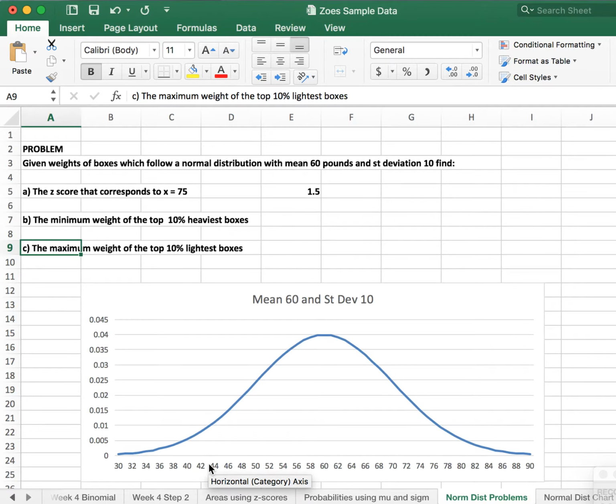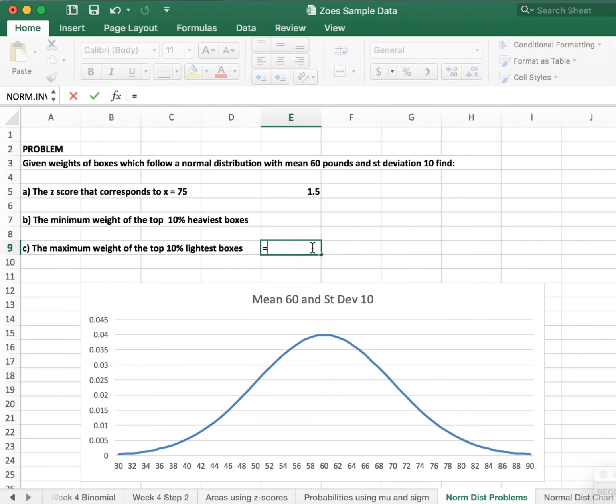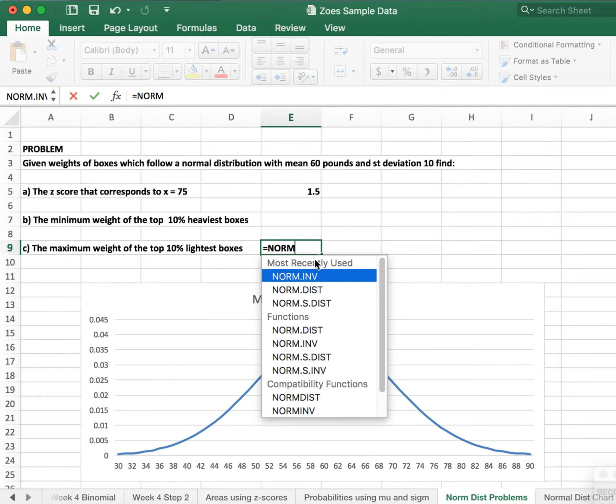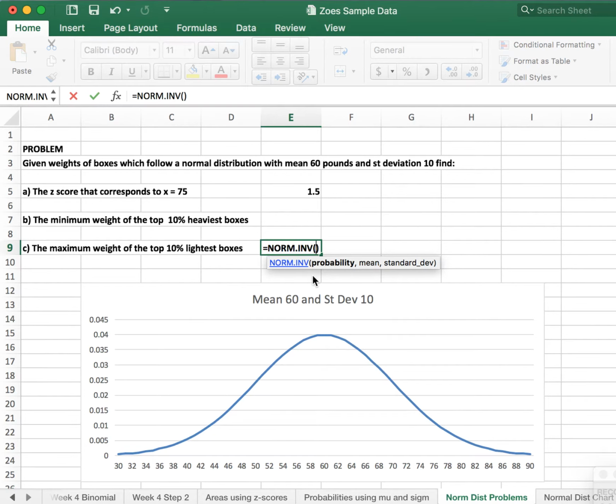Here I have the area or the probability of less than 10%, and I want to find what weight this corresponds to. Excel has a formula to help you with this, and it's called NORM.INV. Here you give it the probability to the left. It's always to the left. So it's 0.1, because 10% corresponds to 0.1, the mean is 60, and the standard deviation is 10.